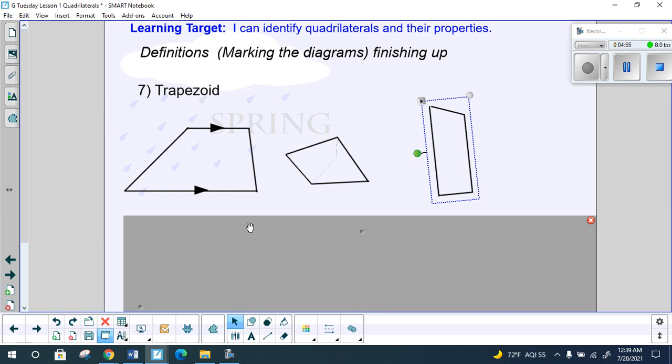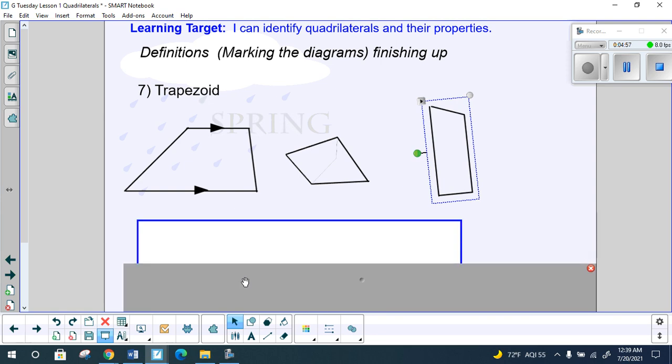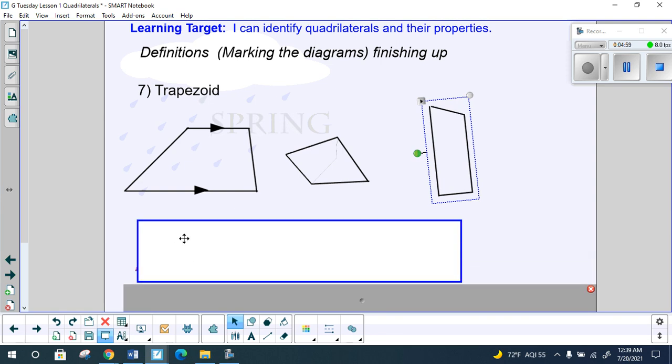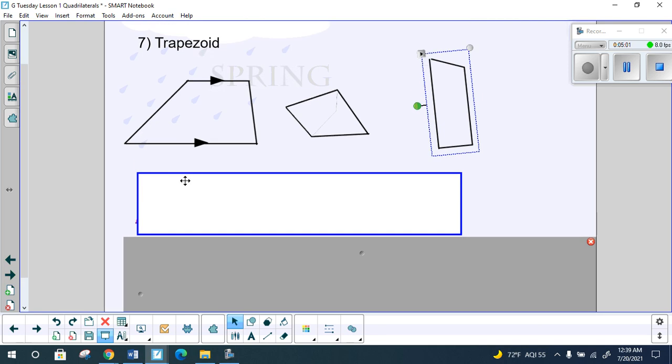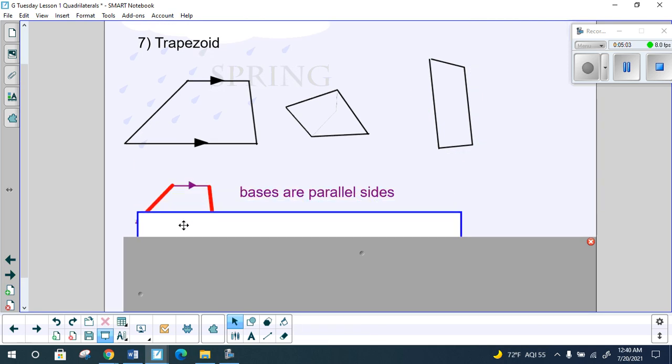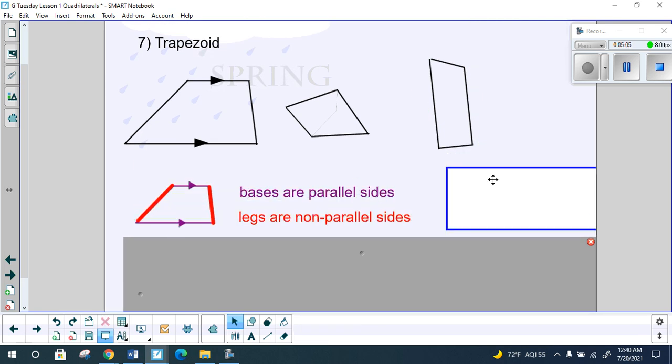Okay, now there's a special type. Oh wait, we have to talk about this. There are names that go along with the trapezoid. We call the sides, the bases are the sides that are parallel to each other. The legs are the sides that are not parallel.